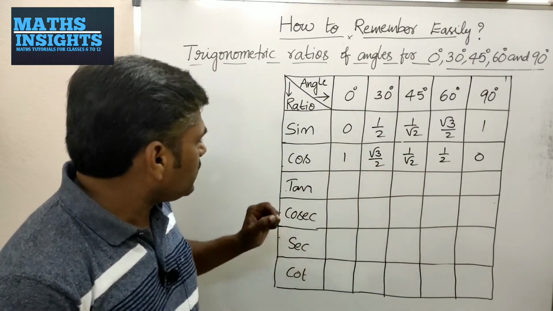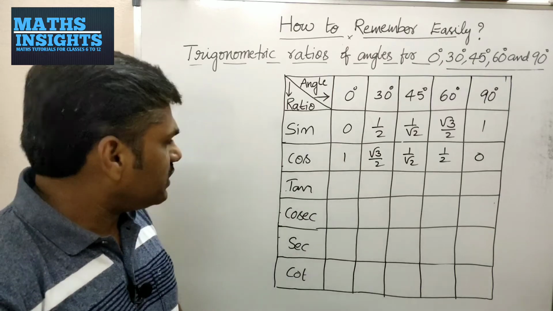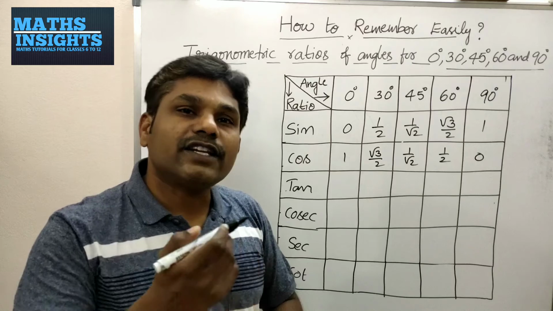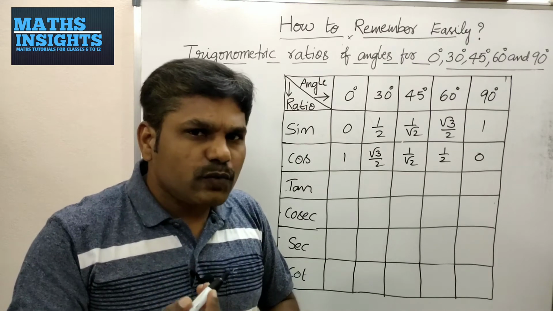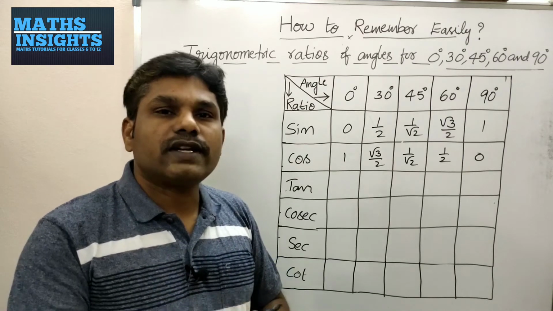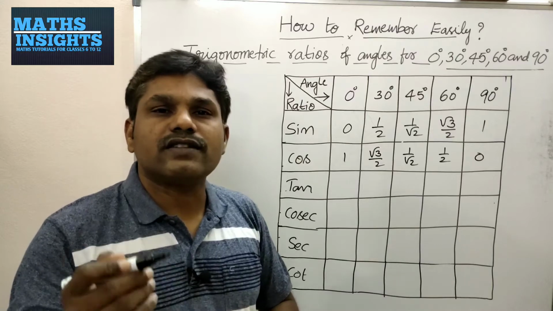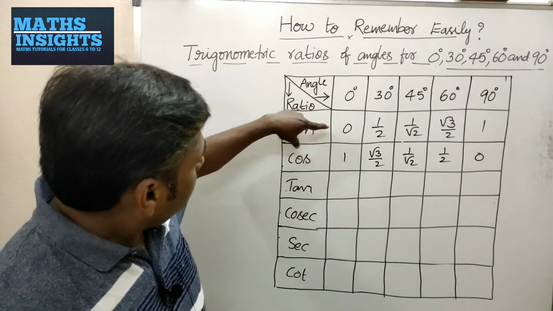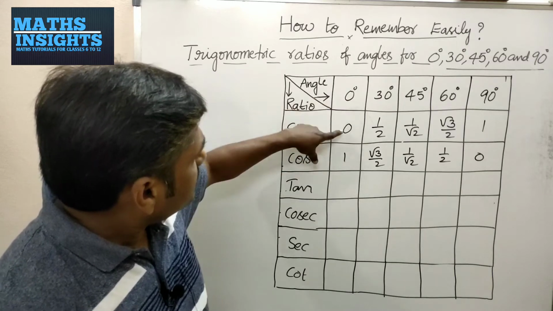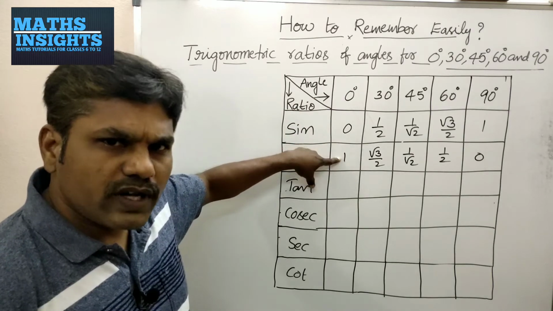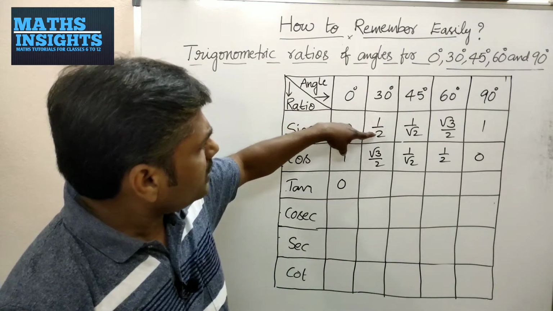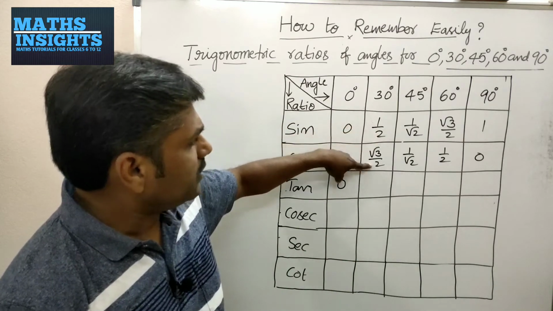Coming to tan, it is not required to remember. Tan can be defined as sine by cos. For tan 0, it is sine 0 by cos 0, that is 0 by 1, and 0 by anything is 0. For tan 30 degrees, it is sine 30 by cos 30, that is 1 by 2 by root 3 by 2.